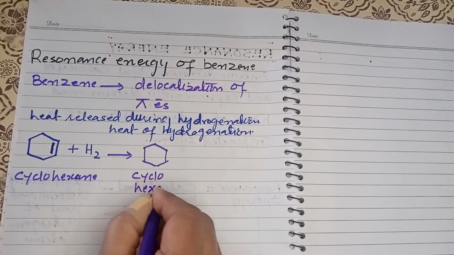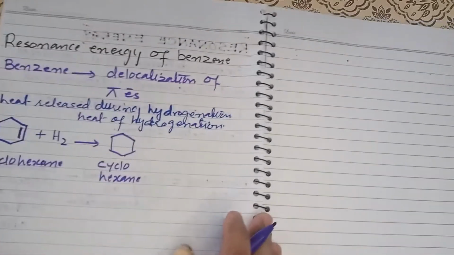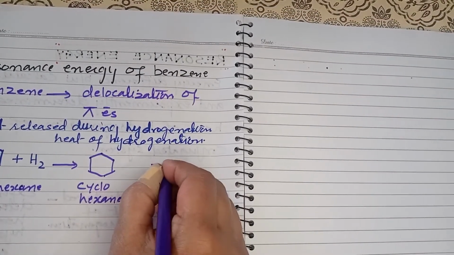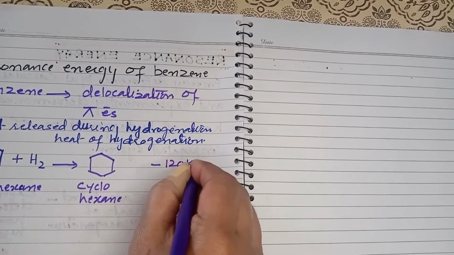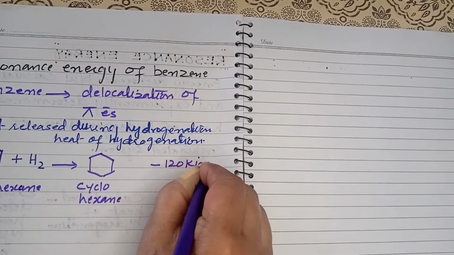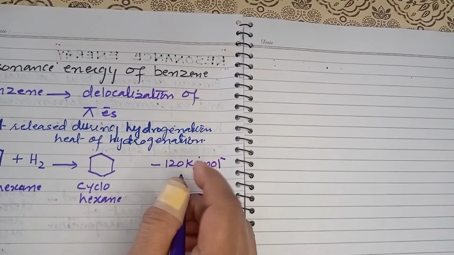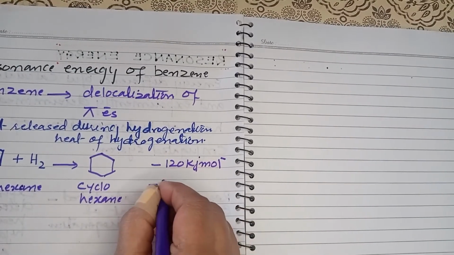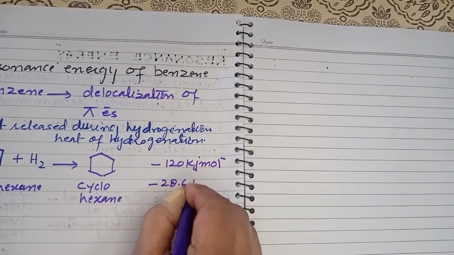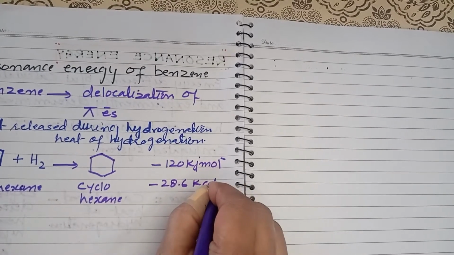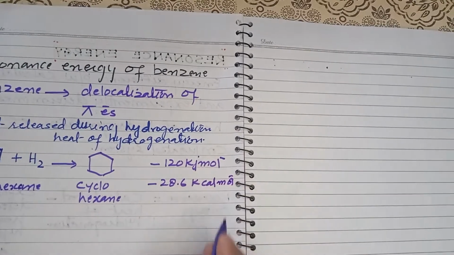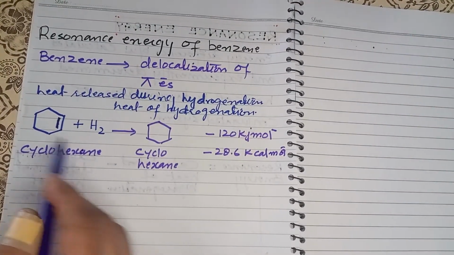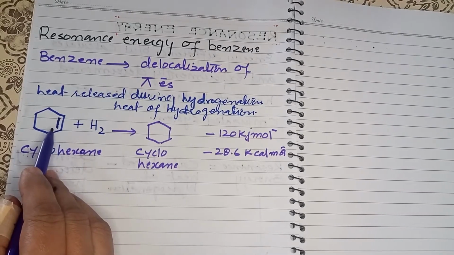During this process, the amount of heat released is minus 120 kilojoule per mole, or minus 28.6 kilocalorie per mole, when we hydrogenate cyclohexene, which has just one pi bond.